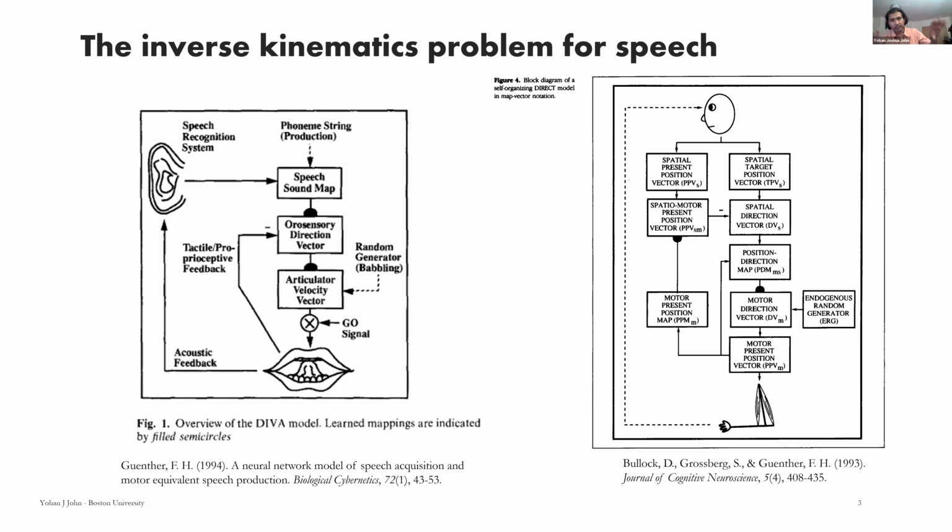That's the way that these two sets of models are the same. So you have to map sound space to articulator space, and then map sound goals to articulator directions. This part is exactly what the direct model was. So they sort of imported that to do mapping from sound to commands.